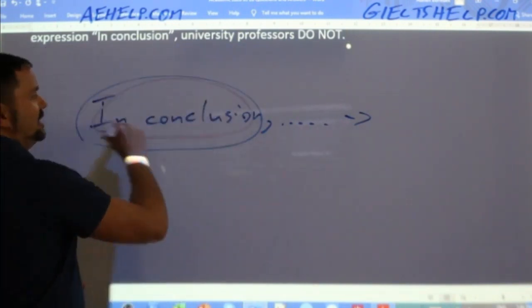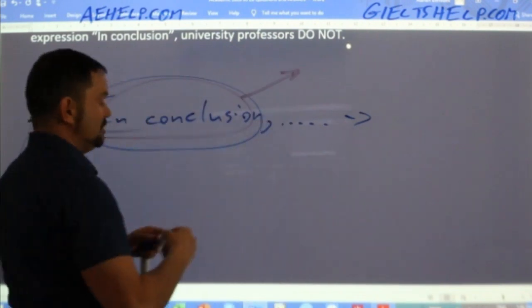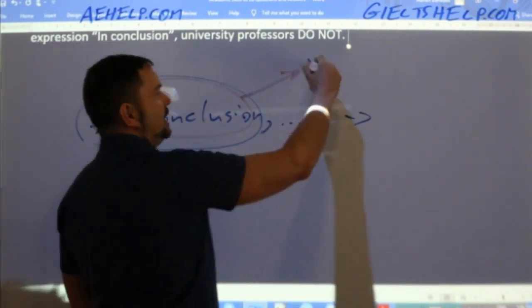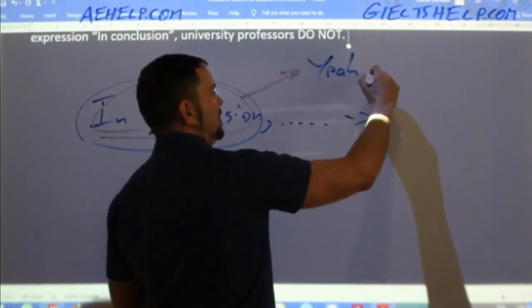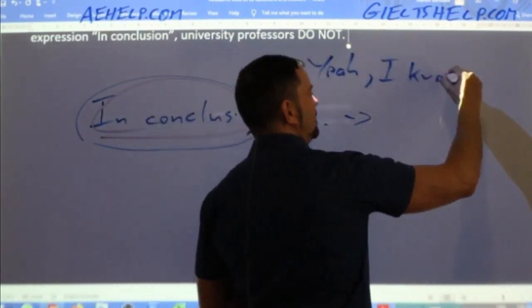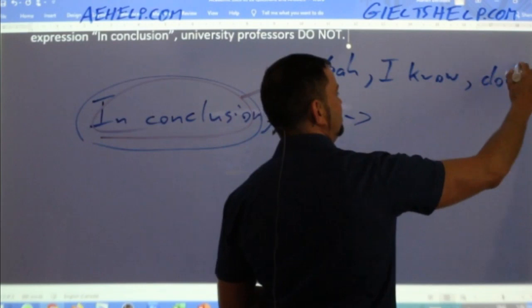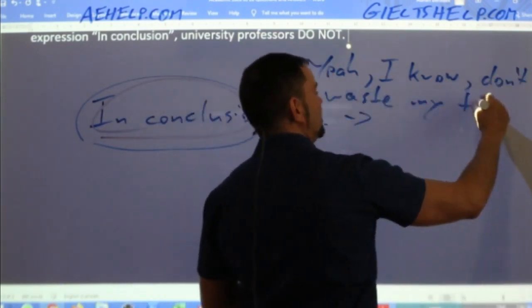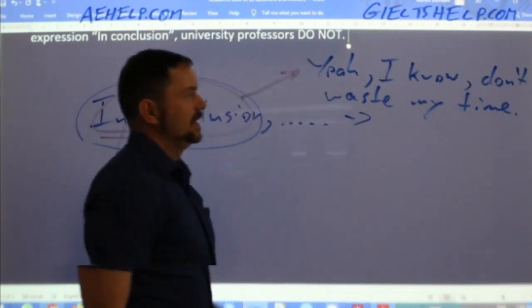The professor will do this. Actually, they'll take that much nicer red color for you. I'll go like this, and then my red pen's dying, so I'll switch back to blue, but they'll circle it and they'll go, "Yeah, I know. Don't waste my time." So they'll make a funny comment like that, okay?